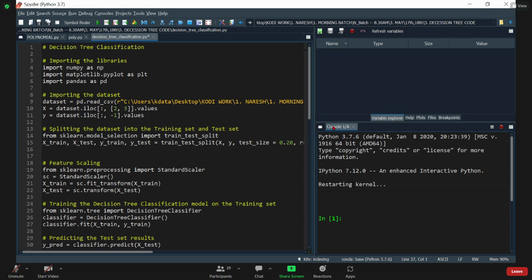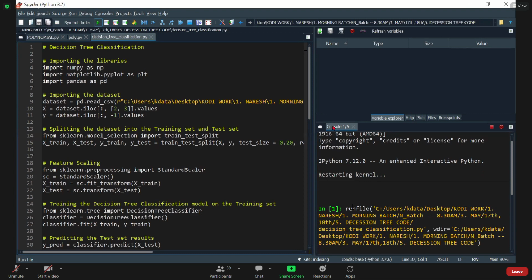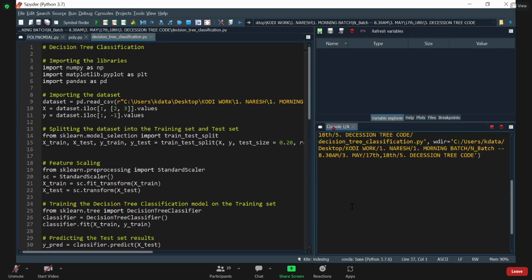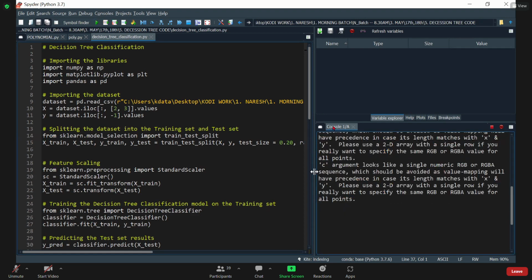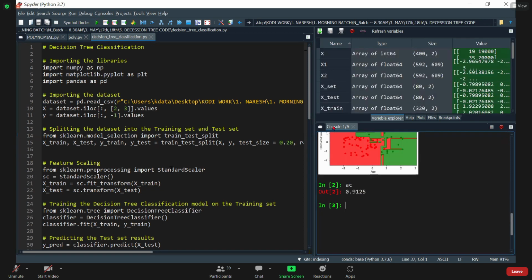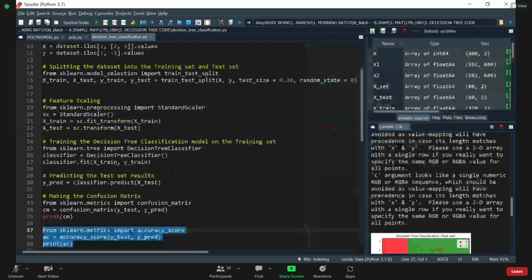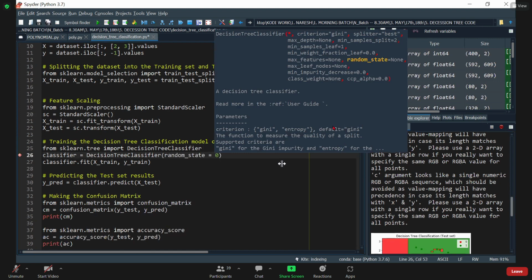So I can say 91.25, isn't it? So every time it changes. Why? So now, whatever Arjun said, let's go ahead and change random state to zero in the decision tree classifier. Okay, let's do it.